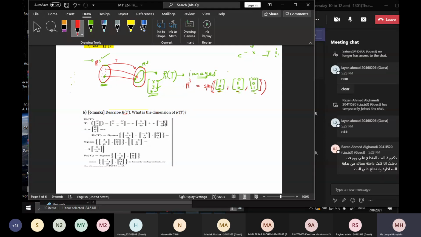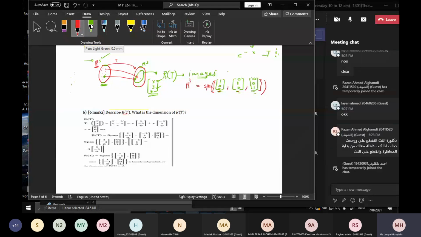Now, what I need is the transformation for each and every element here. So this is how we can find it. We can find it by finding a transformation for all the elements here.